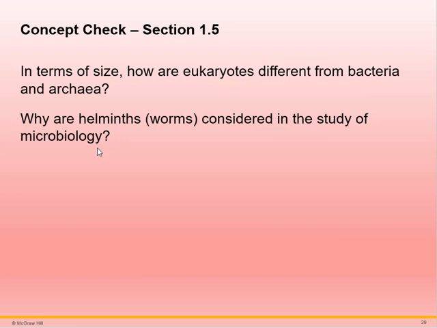They are considered microbes because they're transmitted, they're communicable. You can eat or drink foods that usually carry the microscopic portion, which is the egg, where you could come in contact with a larva in food or in drink, and as a result it can cause disease. So that's why we consider them part of microbiology.